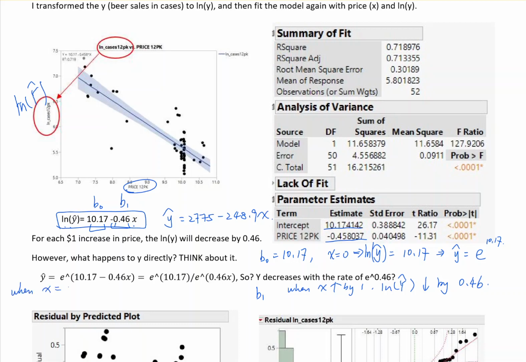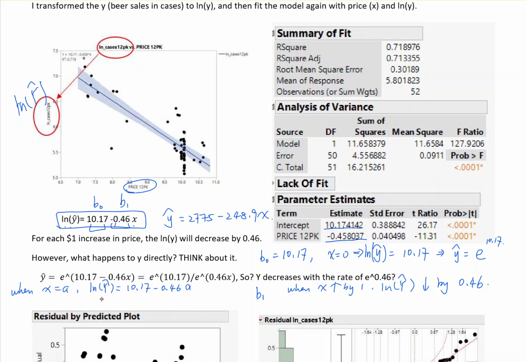x equals a, let's do the practice again, right? So we have natural log of y hat equals 10.17 minus 0.46a, right?